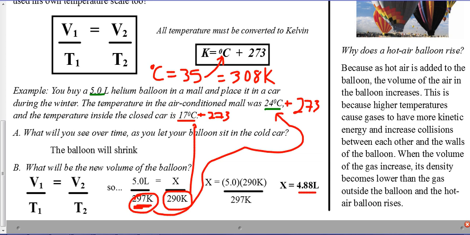The kinetic energy is going to increase because of the heat, so the volume will increase. And as a result of the volume increasing, the density becomes lower than the gas on the outside of the balloon. And because the density of the air inside is lower than outside, the balloon is actually going to rise.